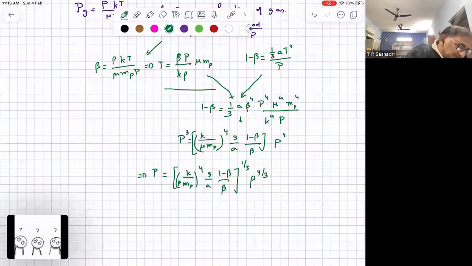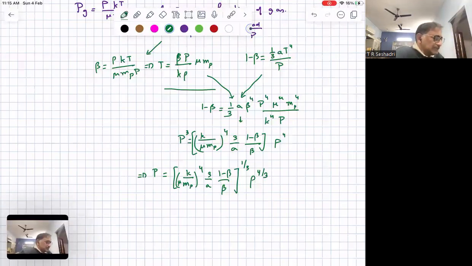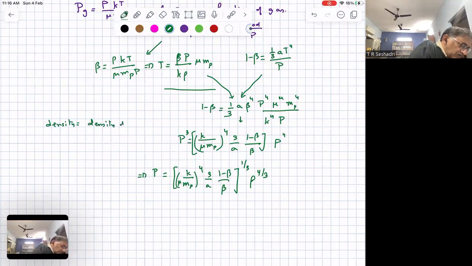Okay. Now here, there is one thing which you need to understand. You see this density which is there, it is actually the density of gas and technically also the density of radiation. So density is equal to density of gas plus density of radiation.